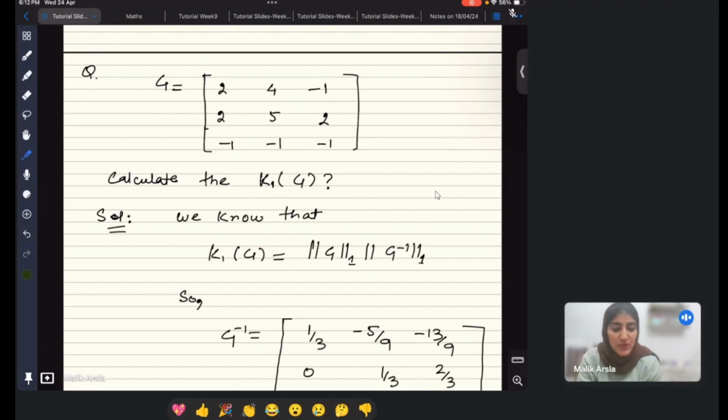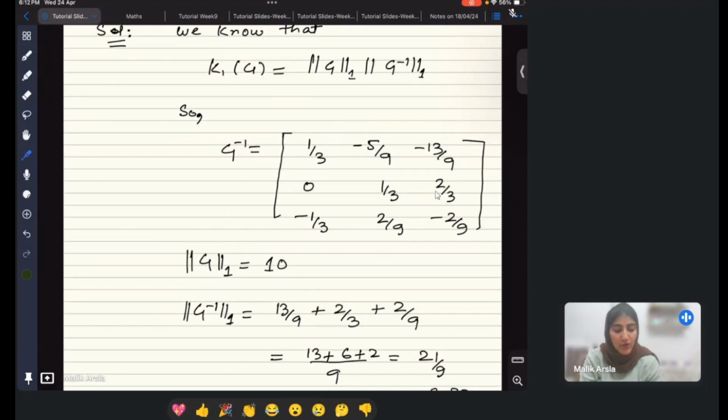As in this matrix, for the first column the absolute sum is 2 plus 2 plus 1. We ignore the sign, so it's 5. For the second column it's 4 plus 5 plus 1, that is 10, and for the third column it's 1 plus 2 plus 1, so that is 4. So the maximum among these is for the second column, that is equal to 10, and that is going to be the one norm for G.